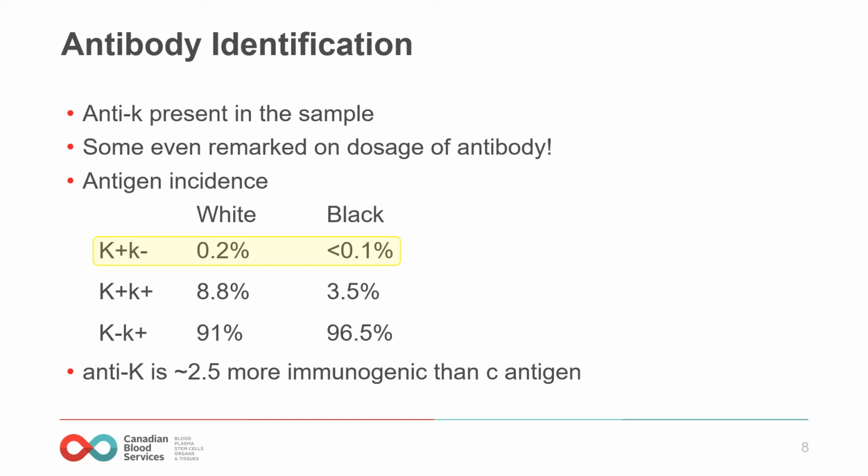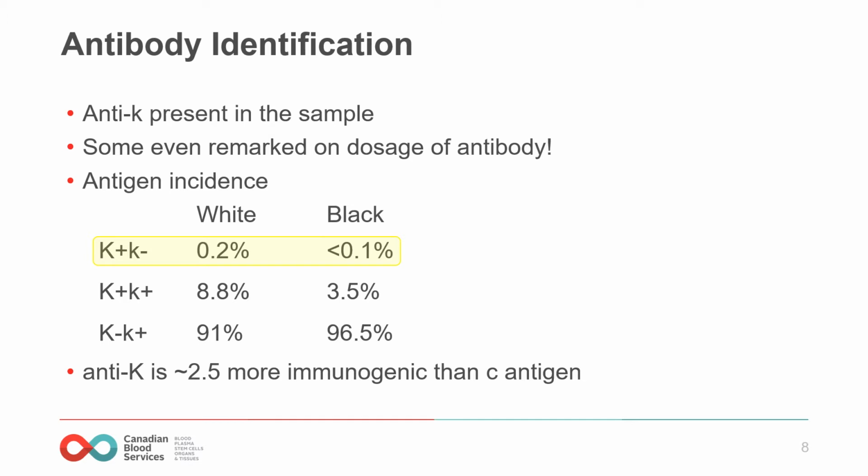While the heterozygous big K and little k is found in almost 9% of the white population and almost 4% of the black population. The homozygous little k is found in most of the white population, 95%, and 96.5% of the black population.